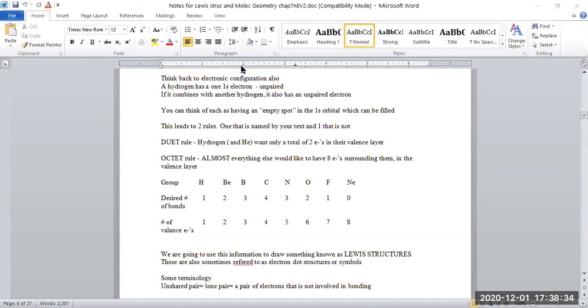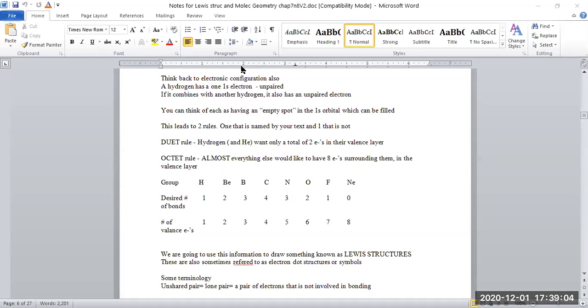Note, we're ignoring the transition elements. We're not going to pay an awful lot of attention to them for drawing Lewis structures. We had 1 through 8. Note again, we are ignoring helium. Helium is obviously above neon on the periodic table, but we're turning a blind eye to this for the purposes of the octet rule. So you have from 1 through 8.